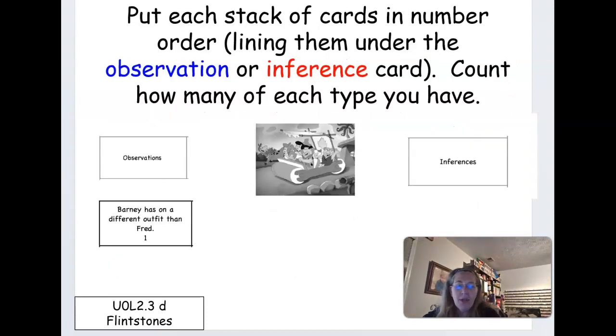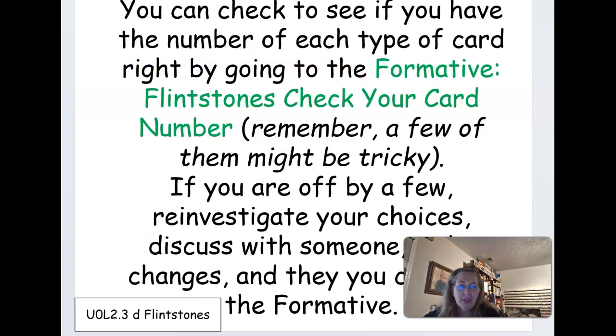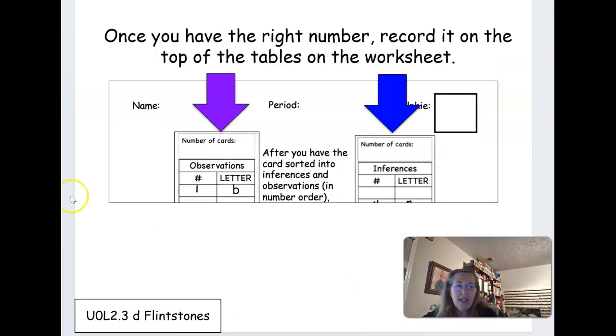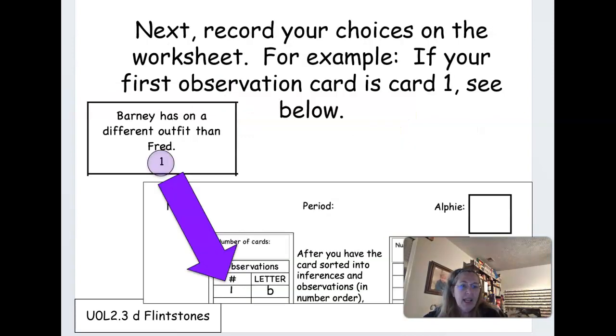This is an example of what it might look like. I'm going to lay the first card I read down, which was an observation, over on the left. You check your numbers in the formative. Once you have the right number, you write that down at the top of the tables. Then you're going to record your choices on the worksheet.